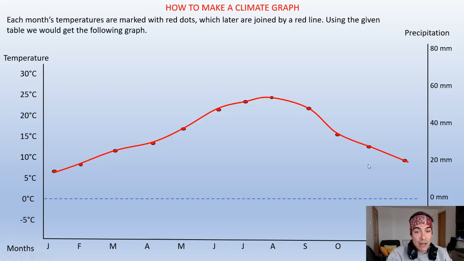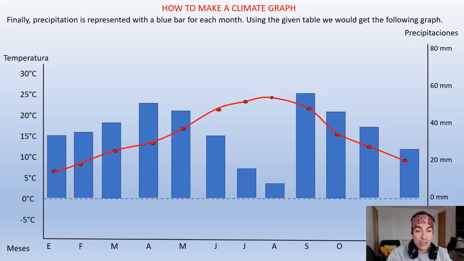After that, we have to draw the precipitation. The precipitation is drawn with blue bars, and they have to reach the height of the value that is given. For example, we are going to use this part because it is closer to the axis of the precipitation. Okay, here I forgot to translate this. This is temperature, this is precipitation, I'm sorry.